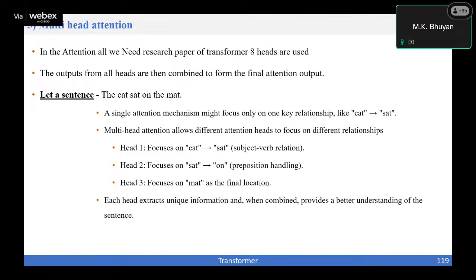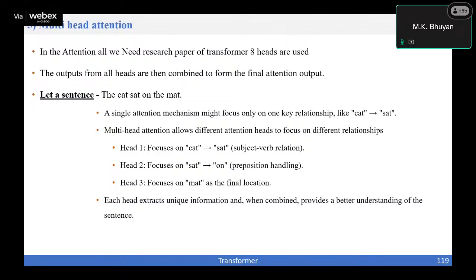Here you can see why the single attention mechanism may not be sufficient in many cases. Consider the sentence "the cat sat on the mat". Head number 1 focuses on "cat sat", the subject-verb relationship. The second head focuses on "sat on", the preposition handling.